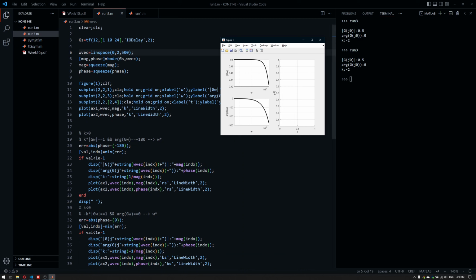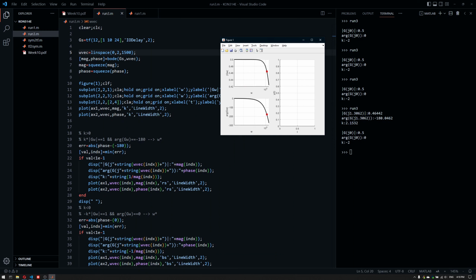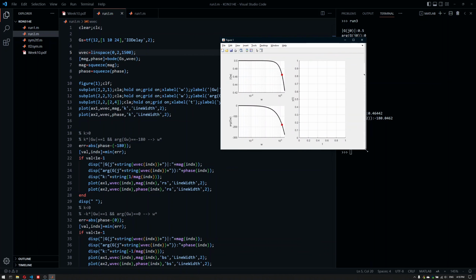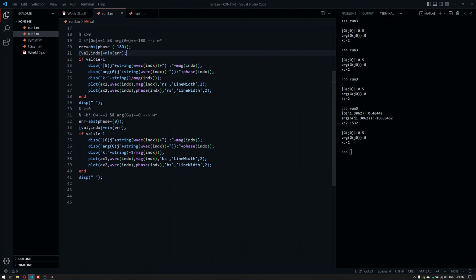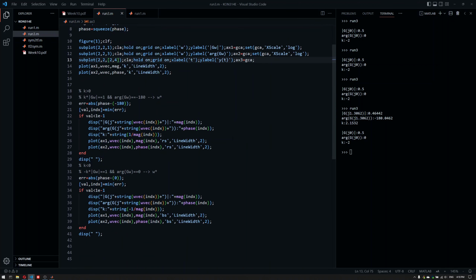So maybe 1500. Is that really hard to get? Yeah, we get these stability bounds, but I guess we don't need this part here, but we'll see.